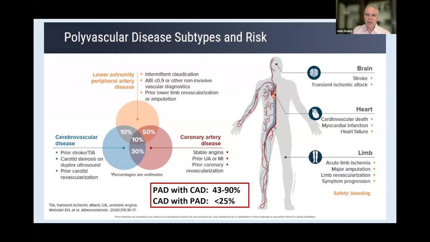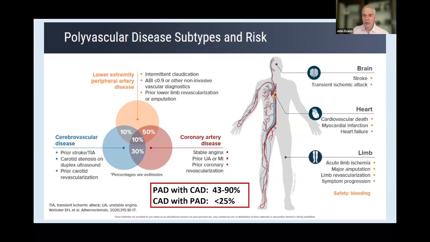Patients who have PAD, almost half to up to 90% of them will have coronary disease also. But the reverse is not true. Less than a quarter of patients with coronary disease will have PAD. So there's got to be something different in the anatomy or the location and the physiology of how atherosclerosis develops in these legs.